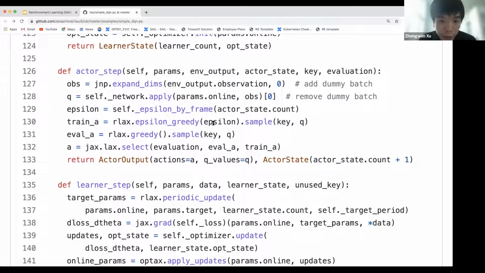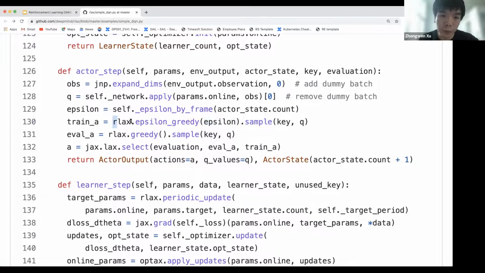There are two different forms. The first form is the greedy method, which uses the Q values and just selects the action with the maximum Q value. Then in the training phase, we have the epsilon greedy method.